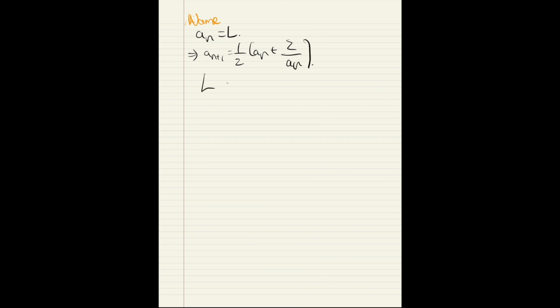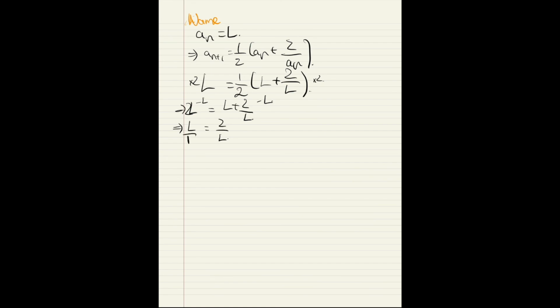So this one is just L equal to 1/2 times L plus 2 over L. I multiply both sides by 2, so I have 2L equal to L plus 2 over L. This one I subtract L from both sides, so I have L equal to 2 over L.